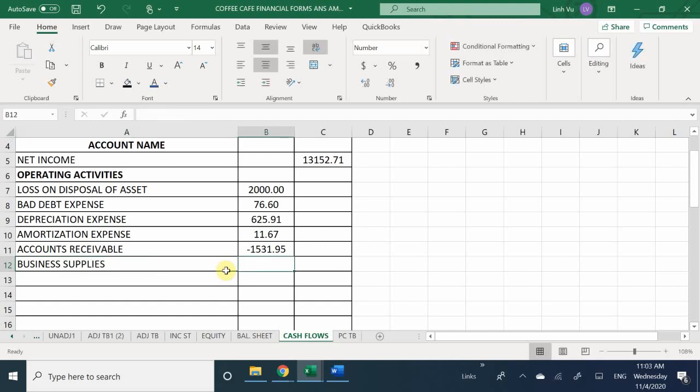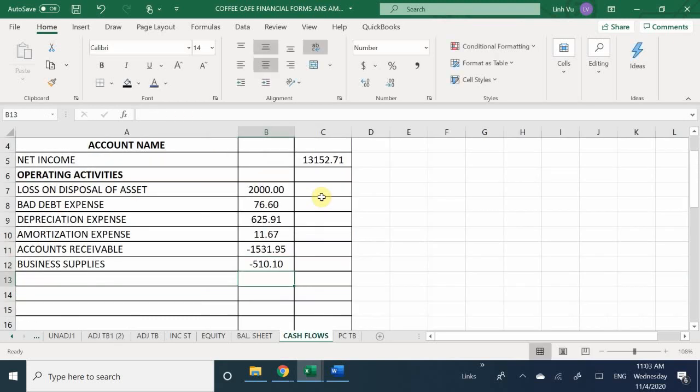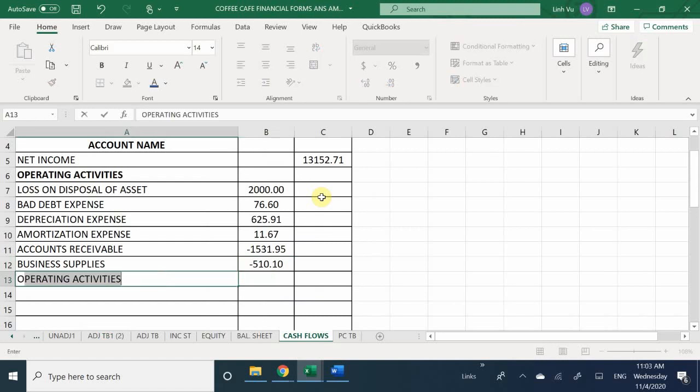Okay, and my business supplies is for a grand total of 5,1010. Same thing with your office supplies. If you don't use it, you can either sell it, replace it, or return it.